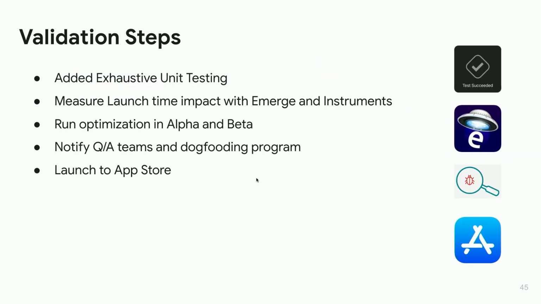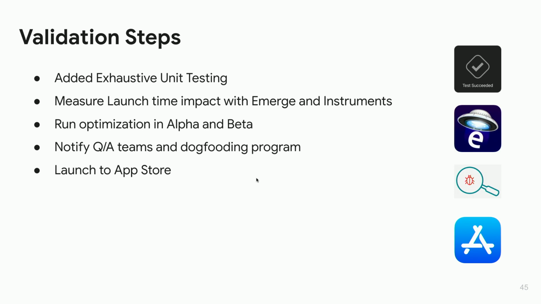We also went through a set of validation steps to make sure everything was working as expected. First of all, a lot of unit testing to make sure everything is going to work as expected. Then measuring impact using Instruments and Emerge for both app size and startup time. Running those optimizations on alpha and beta before releasing, and notifying QA teams to test this out.